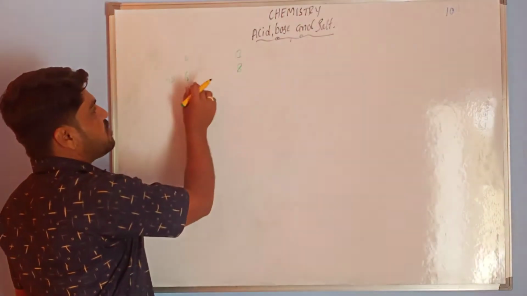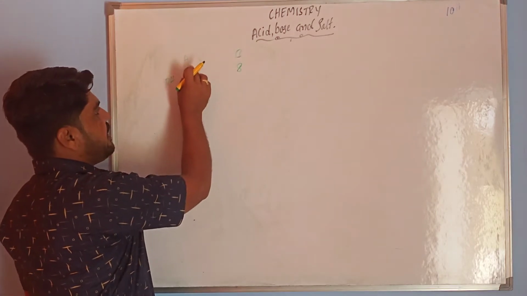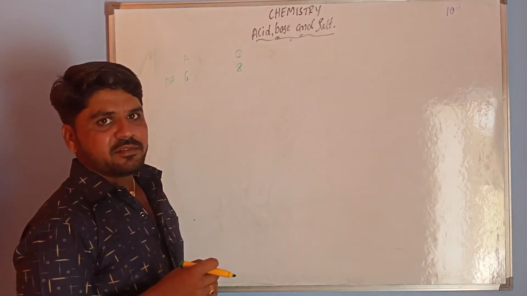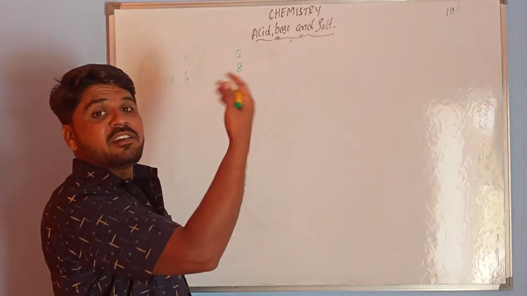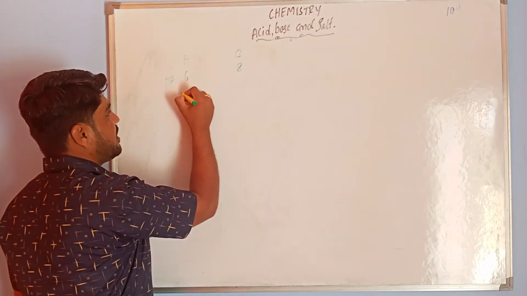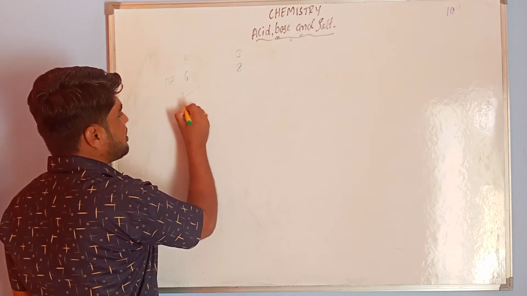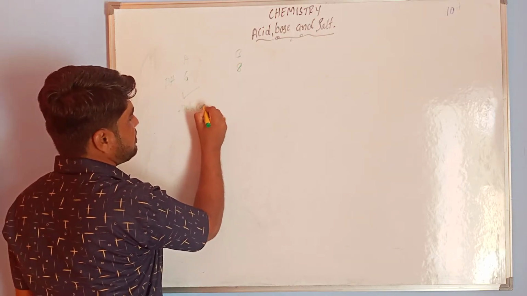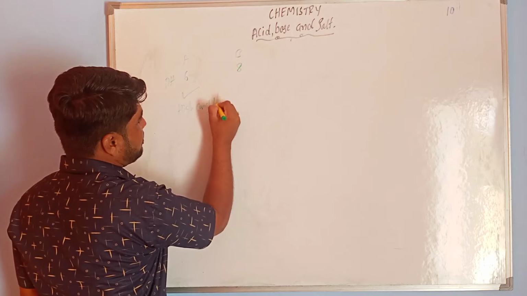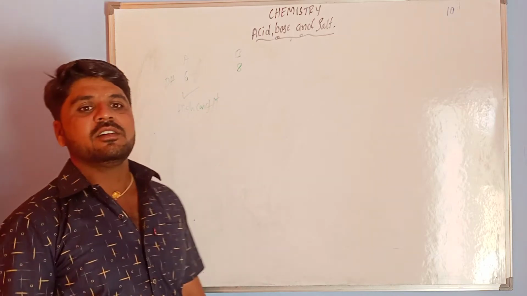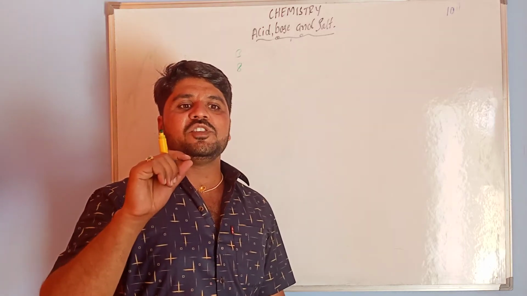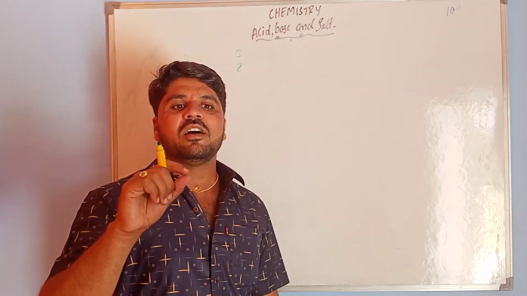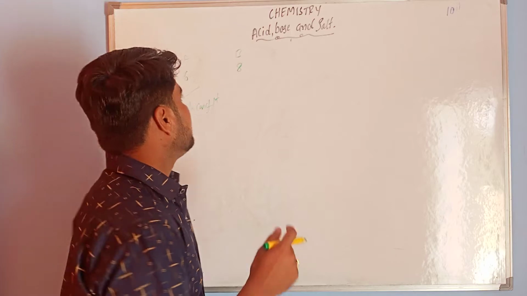Comparing A and B, A has the lower pH value, so it has a higher concentration of H plus ions, hydrogen ions. The next question is which one is acidic and which one is basic.